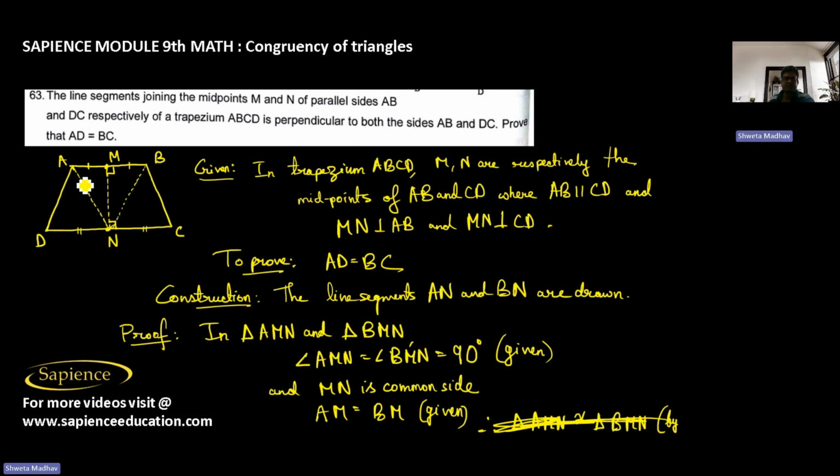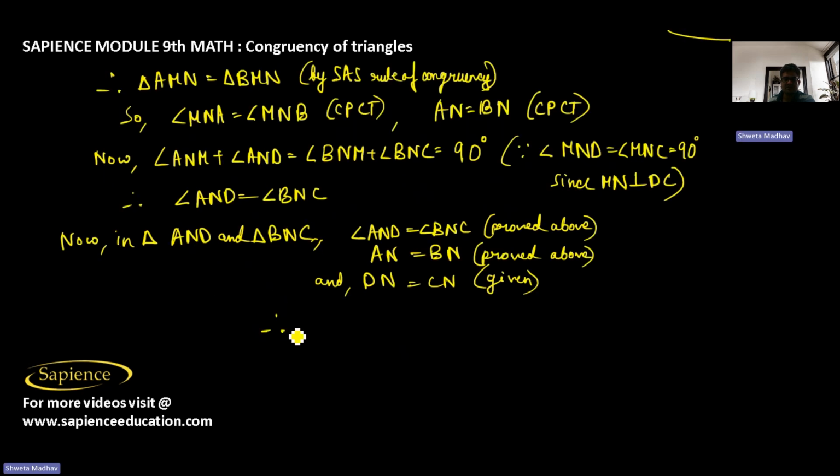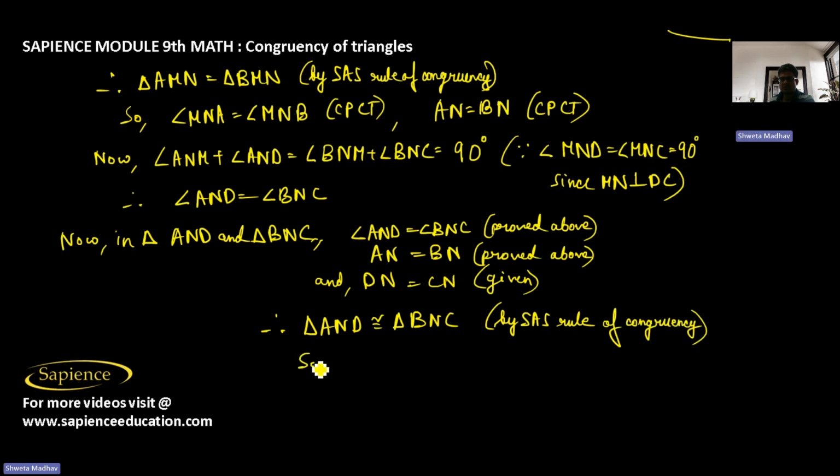So I can say triangle AND is congruent to triangle BNC by SAS rule of congruency, since two sides and the included angle of these two triangles are equal.